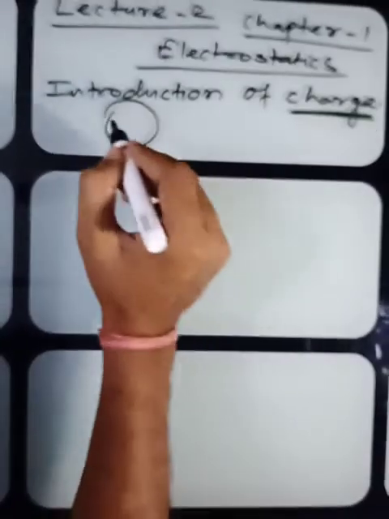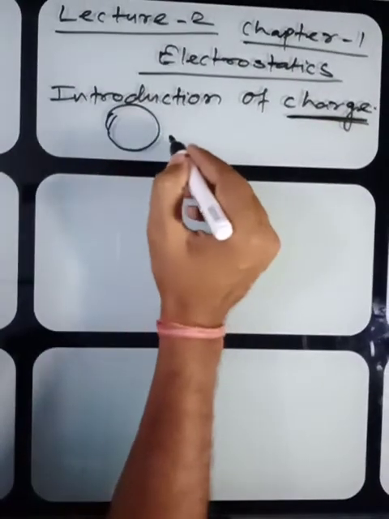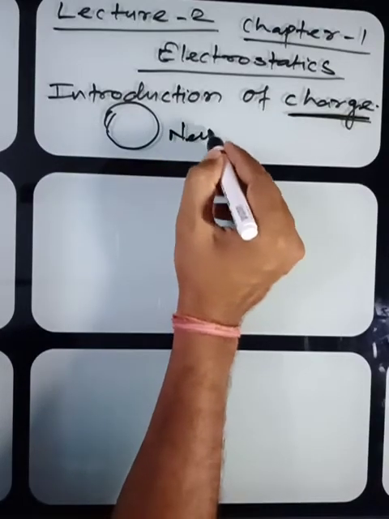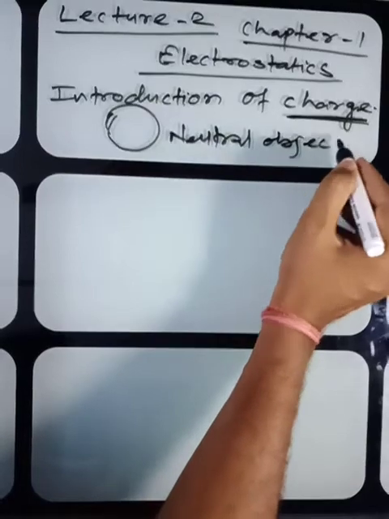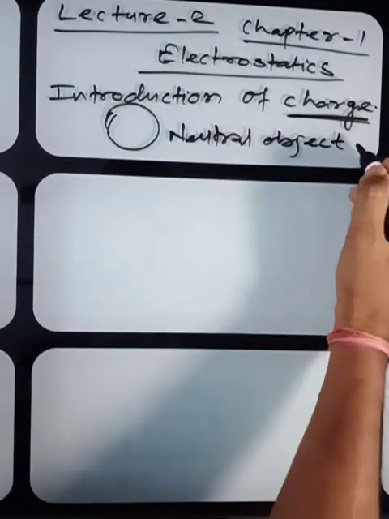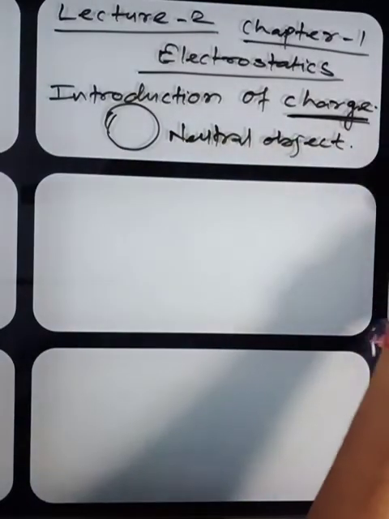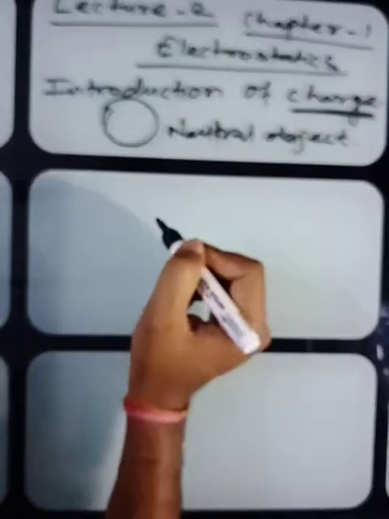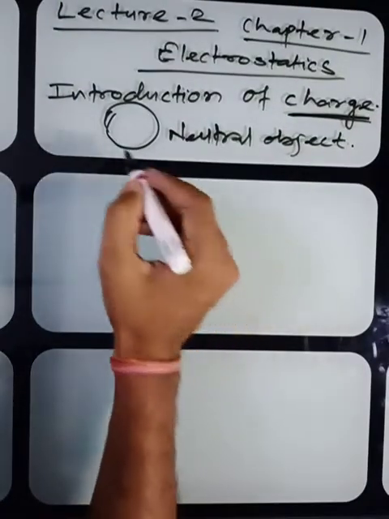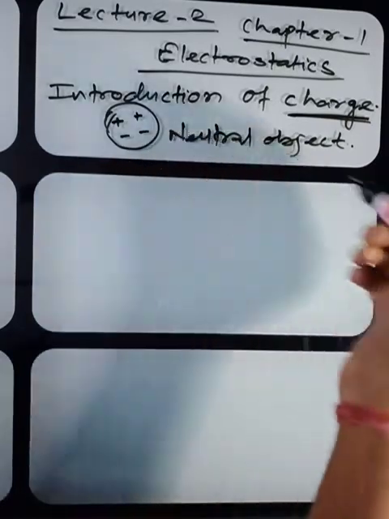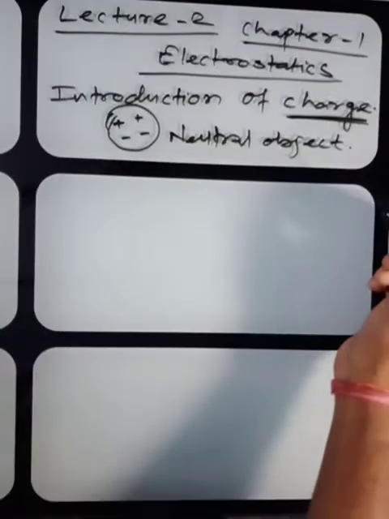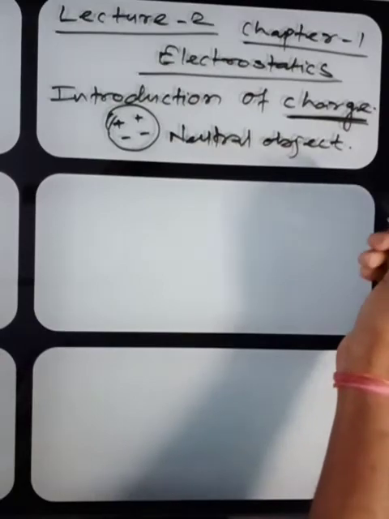It is a neutral object. In chemistry, you have studied the meaning of neutral object. You can say the total number of positive and negative charges are equal if it is electrically neutral.